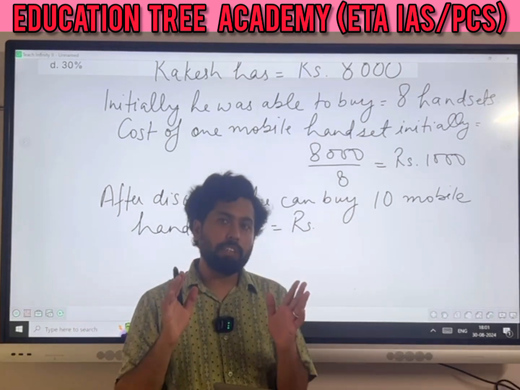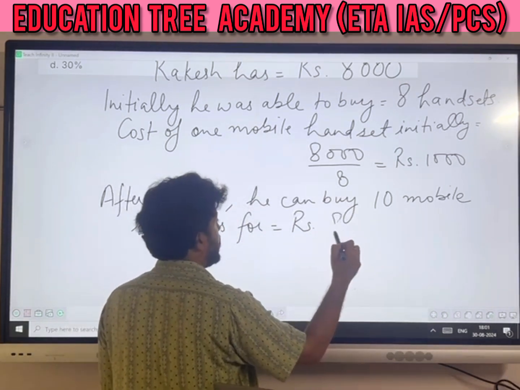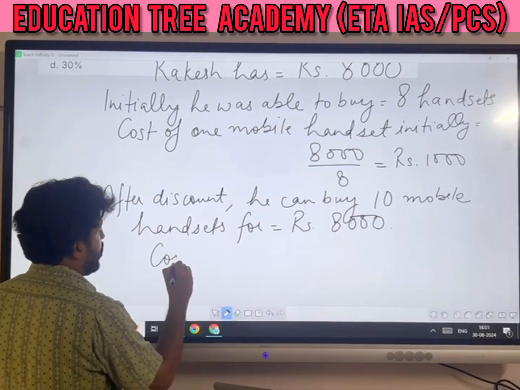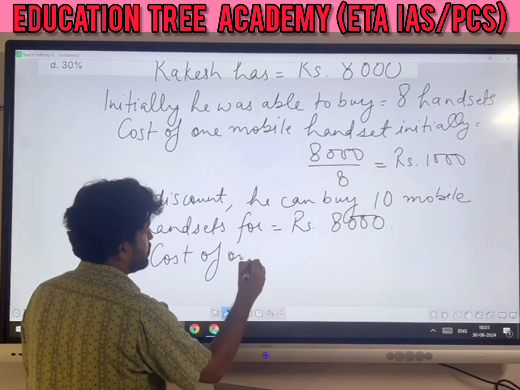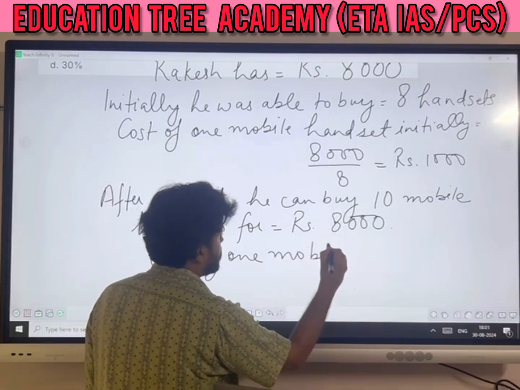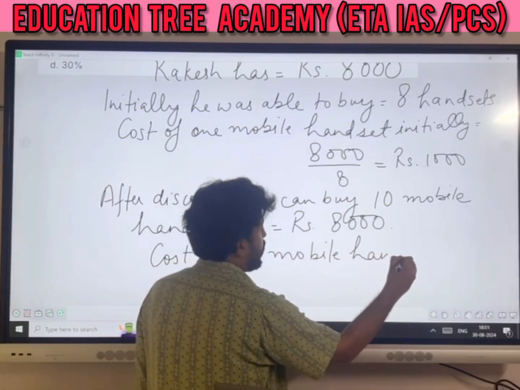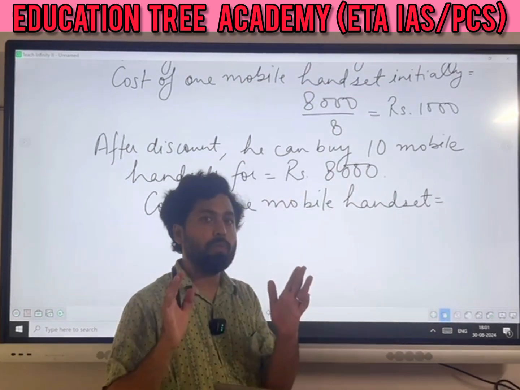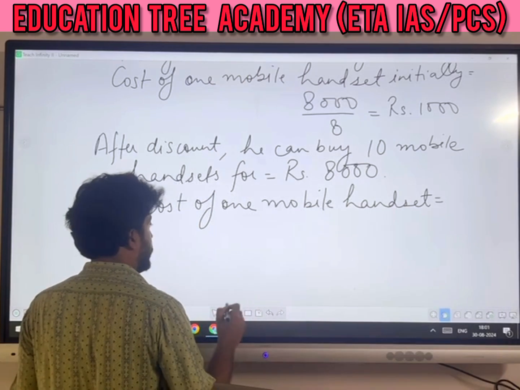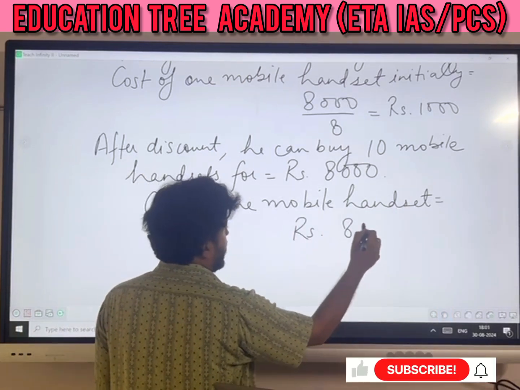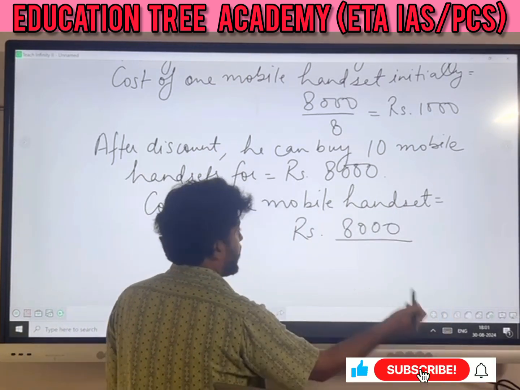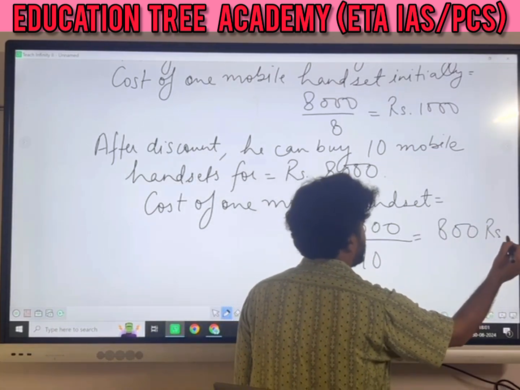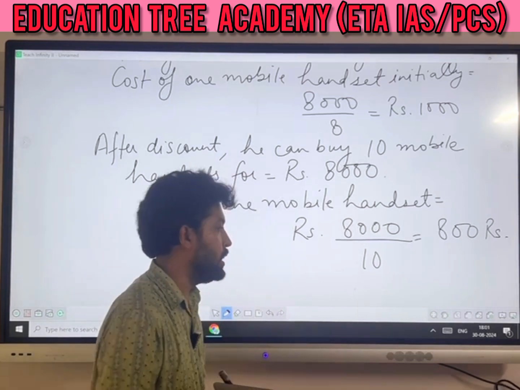So 8,000, the initial amount, will remain same. Which means that now the cost of one mobile handset will be equal to rupees 8,000 divided by 10, which means now each mobile handset is costing him rupees 800, right?